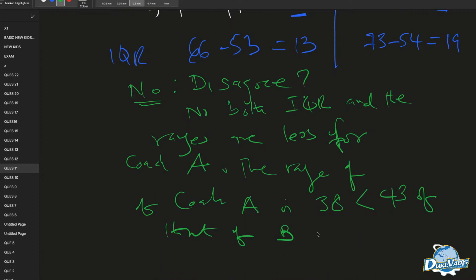And the IQR is also 18, less than 19. So that is the reason why we will not agree with Richard.